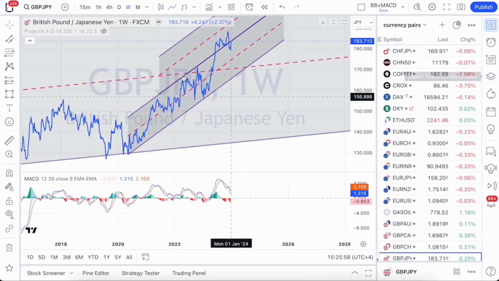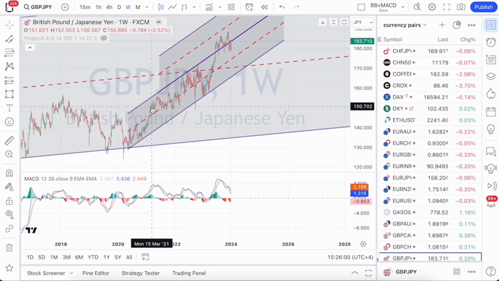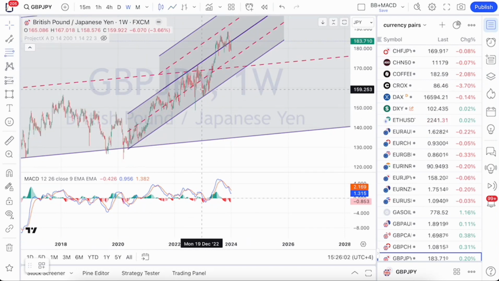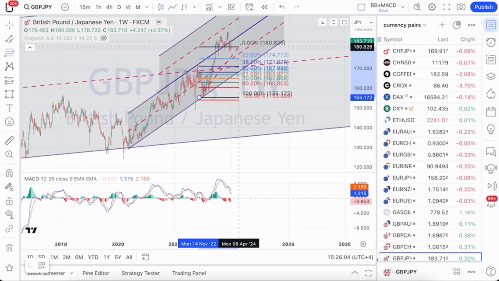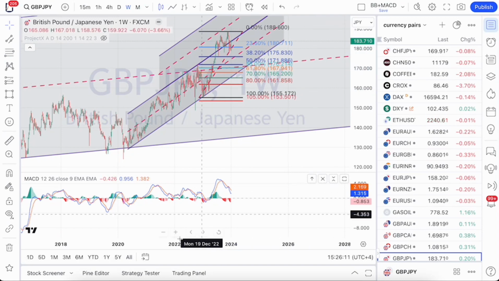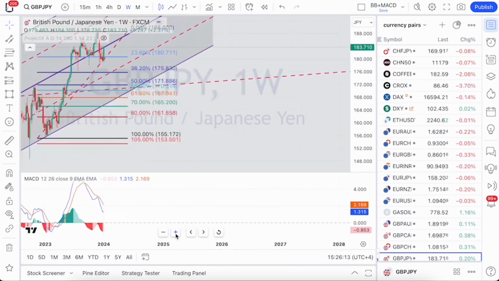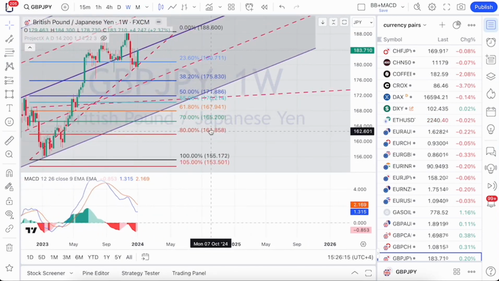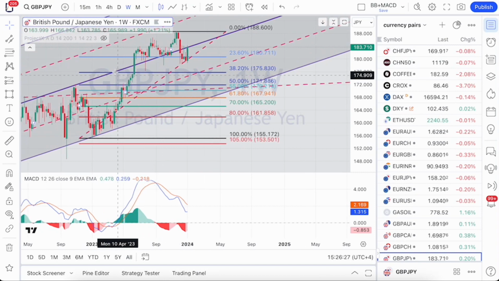Now I'm going to apply the Fib retracement on the third wave to the upside. Generally on the third wave, the retracement is 38%, and if it is a very strong trend, then you may not find even 38% retracement, and this is the case right now in GBPJPY.